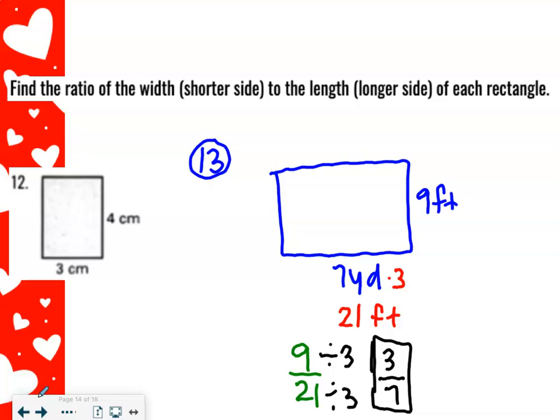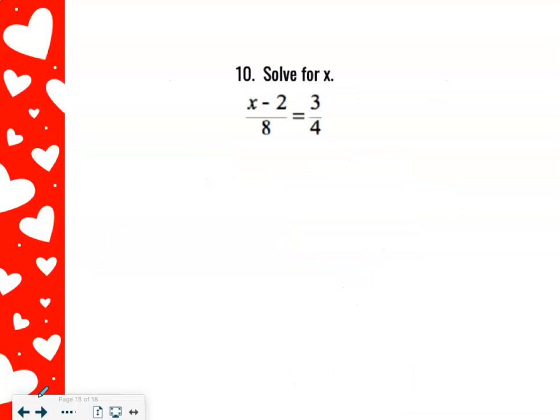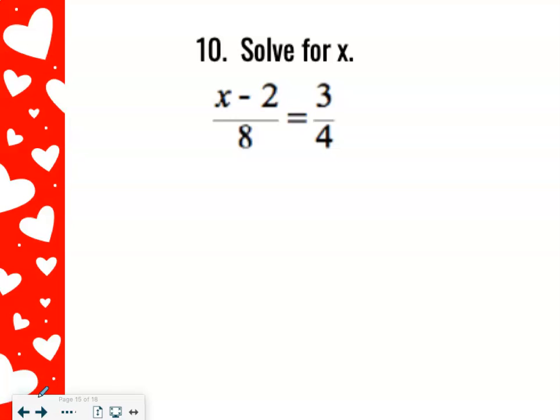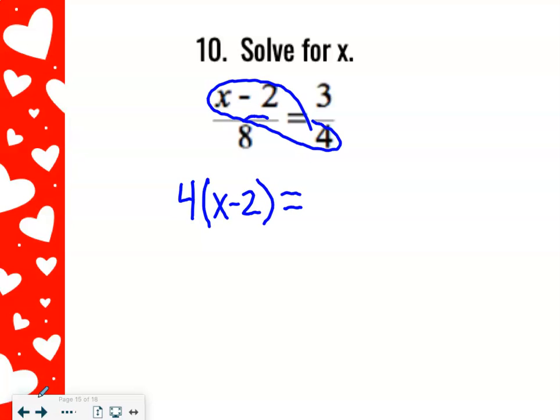Okay, moving on to this number 10. I'm sorry that these aren't numbered right, but you guys can follow along. You're smart kids. We are solving for x, so we are just doing a little cross multiply. So I'm going to take 4 times that whole thing and set it equal to 8 times 3.